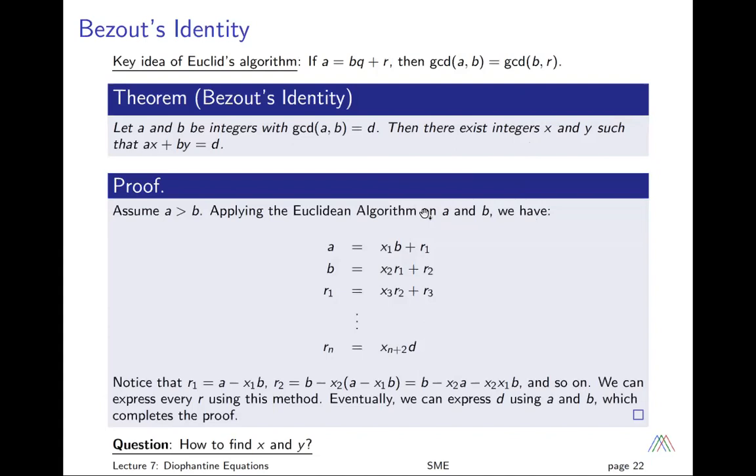First we use the Euclidean algorithm on a and b, and we get these steps here. And there are usually some steps in the middle. We can notice that R1 is equal to a minus x1b.